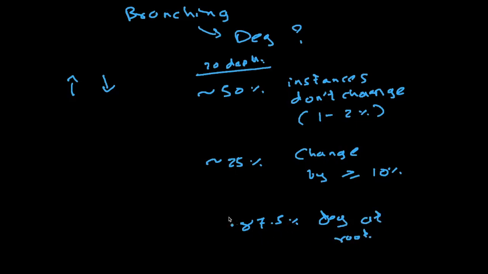So they experience degeneracy at the root. This is a big number, right? Almost all instances have some sort of degenerate variables at the root node, and a lot of this degeneracy, 25%, is not something that we can ignore. It changes across the different depth levels, right? When we start branching, the problem becomes different, and some of them become degenerate, some of them reduce their degeneracy, and all those things happen.